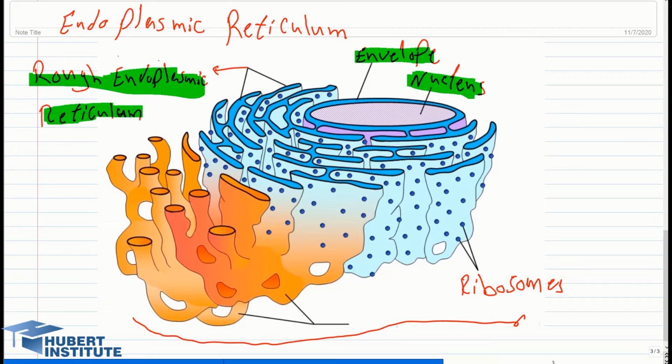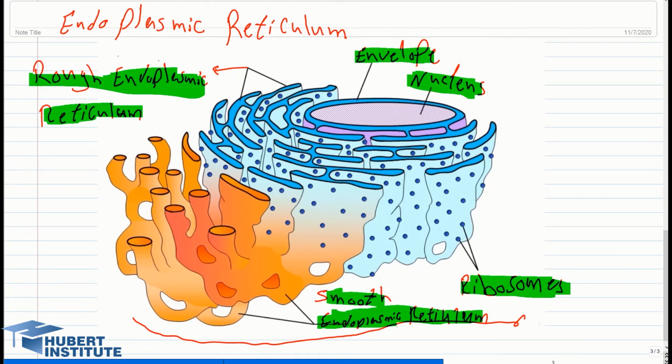Those are the blue dots that you see on the surface of the rough endoplasmic reticulum, or RER. And then the endoplasmic reticulum has a smooth part that does not have any ribosomes on it. You can see here in this picture the smooth endoplasmic reticulum colored in an orange color.